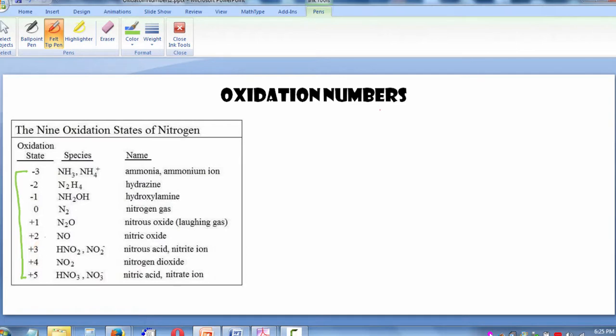There is no specific rule for nitrogen. As with sulfur, as with phosphorus, as with a lot of compounds that you will come in contact with, there are no specific rules for those. But we do know group 1A and group 2A, we know their oxidation states.